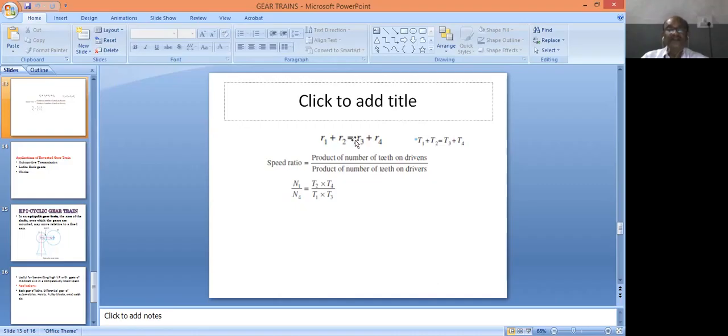So we can rewrite the radius equation in terms of number of teeth: T1 plus T2 equal to T3 plus T4. Again, the speed ratio N1 by N4, that is the speed of the first driver to the speed of the last follower, is equal to the product of the number of teeth on driven gears, T2 into T4, to the product of the number of teeth on drivers, T1 into T3.